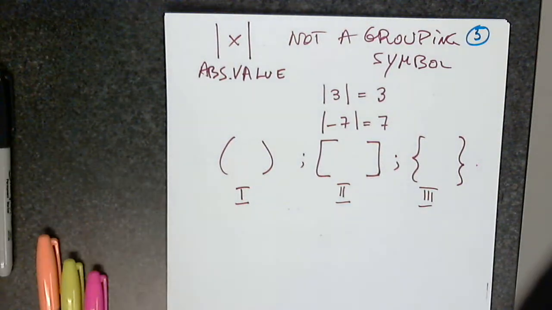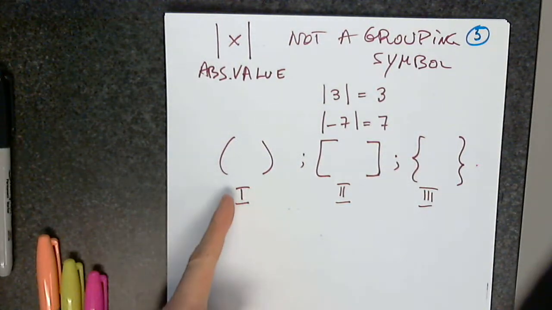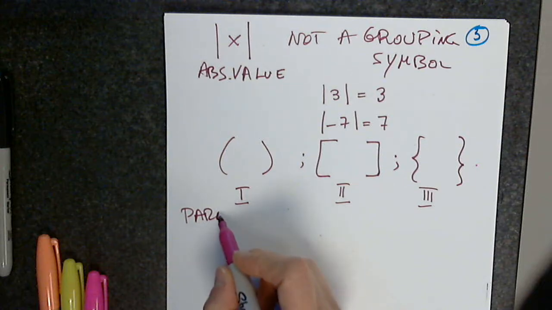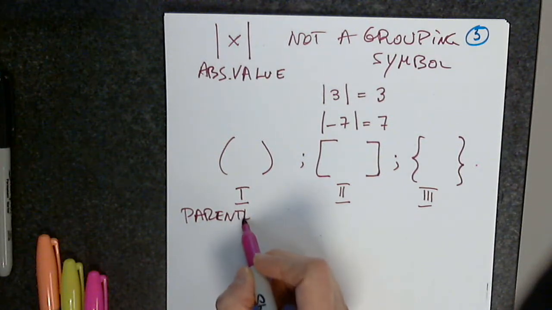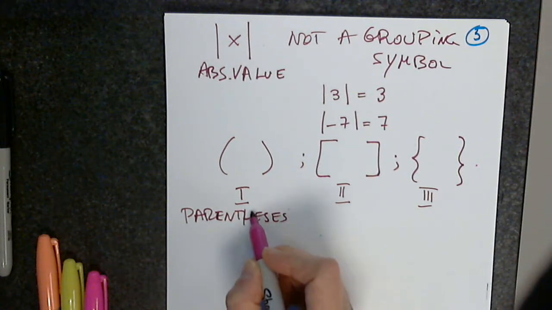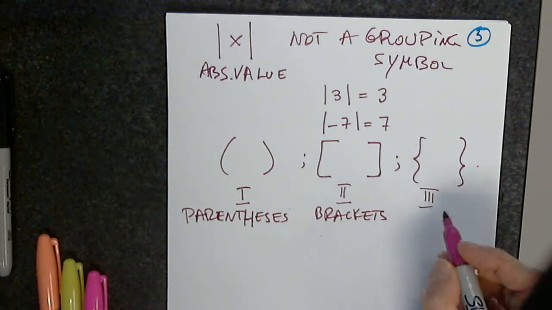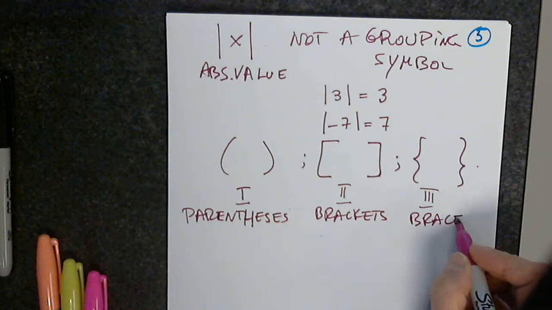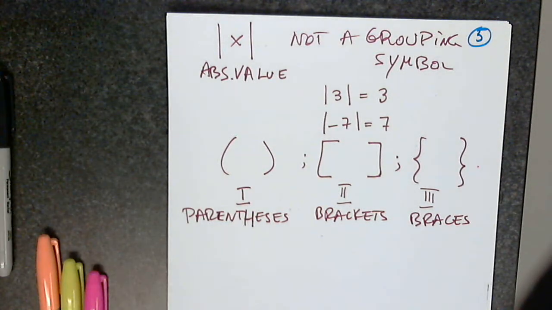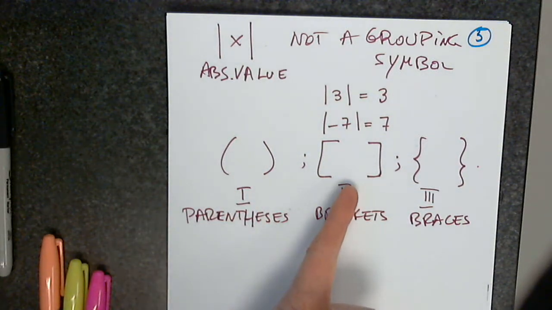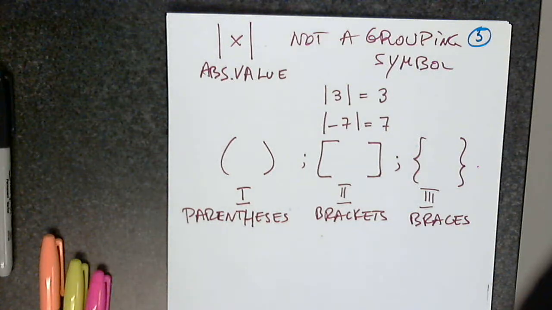If they're all involved in an expression, I have to clear the parentheses first. Parentheses, brackets, braces. If all 3 are involved in an expression, I have to clear this first. Then I have to clear, secondly, brackets and braces.